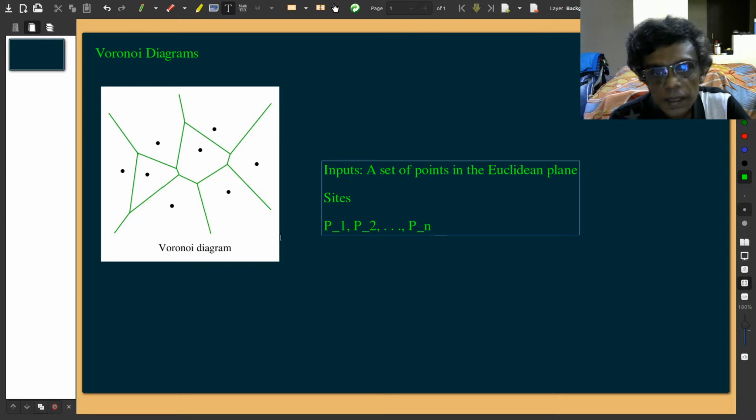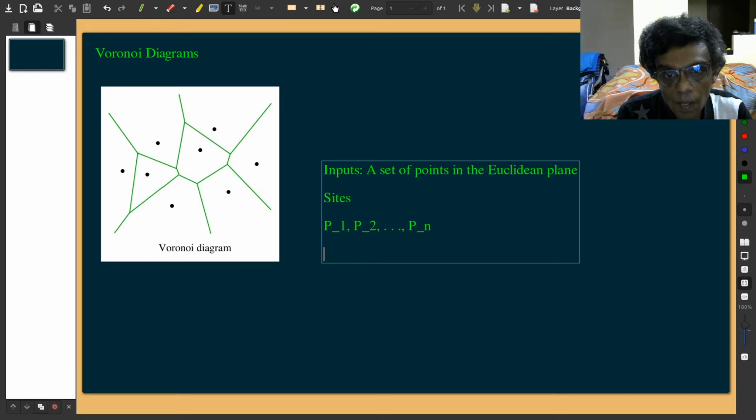Now, I want to find out the regions for each site Pi. I want to find out those points that are closest to that site than any other site. That is called the Voronoi cell of site Pi.